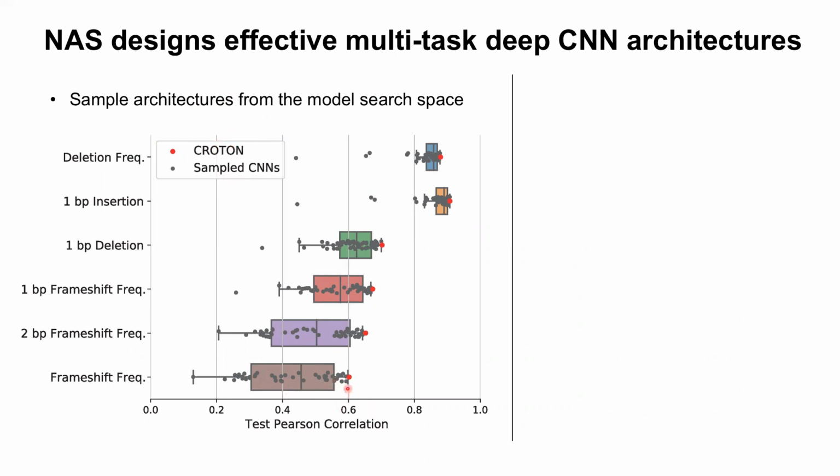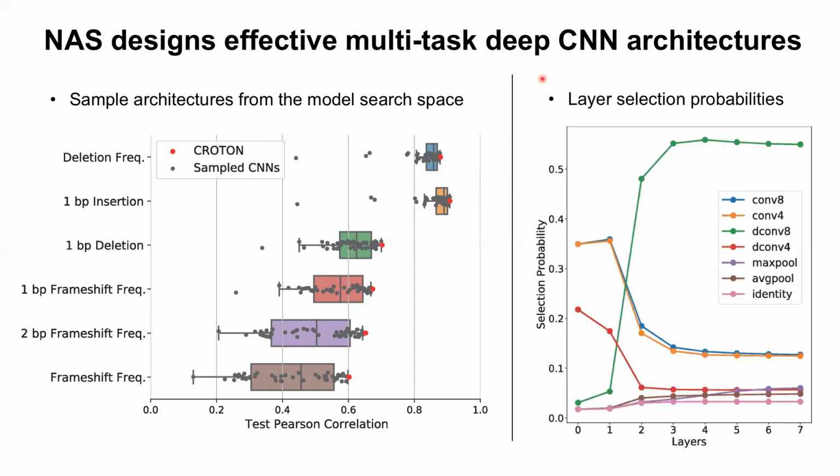In other words, it outperformed the other randomly sampled CNNs. NAS designed CROTON, in fact, achieved a Pearson's correlation of greater than 60 for all prediction tasks, and that included a Pearson's correlation of 88 for deletion frequency and 91 for 1 base pair insertion probability prediction. So this overall indicates that NAS was an effective designer of multitask deep CNN architectures.